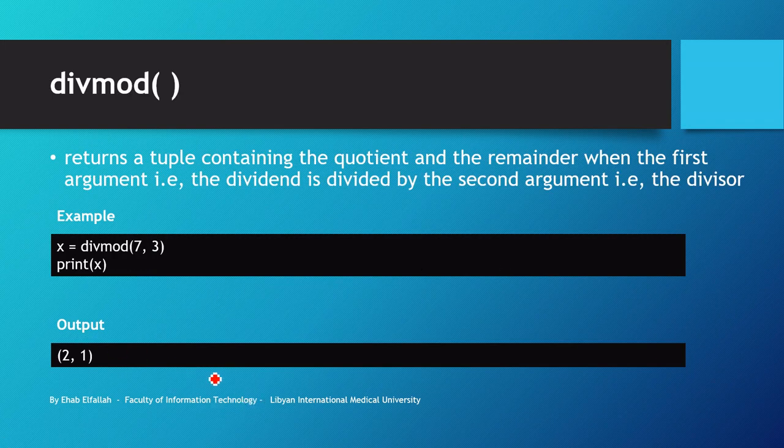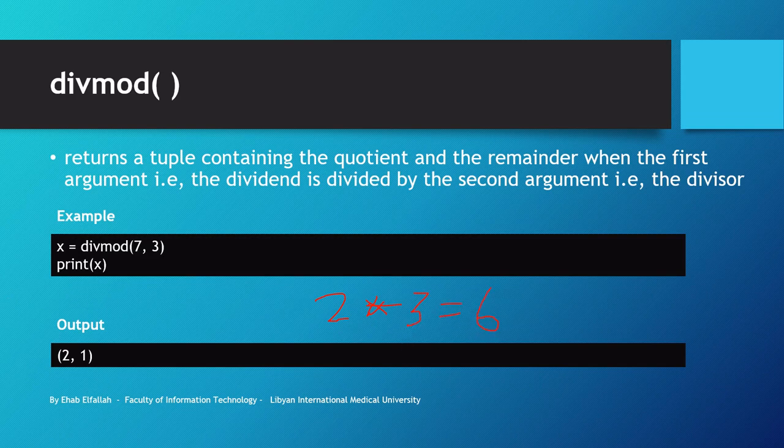Another function is called divmod, and this divmod will receive two variables, x and y, and it will return a tuple of two values. So here the first number of the tuple will be the integer number from the division of x by y. So here if we multiply 2 by 3, it will be equal to 6.